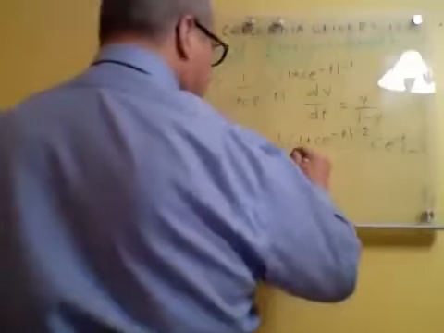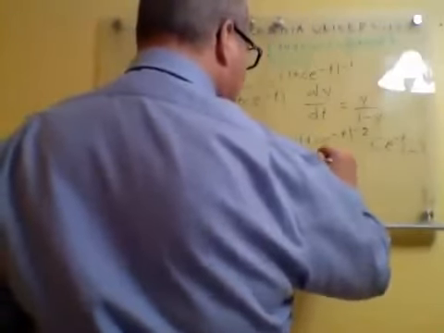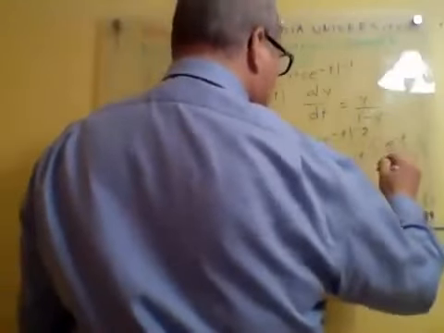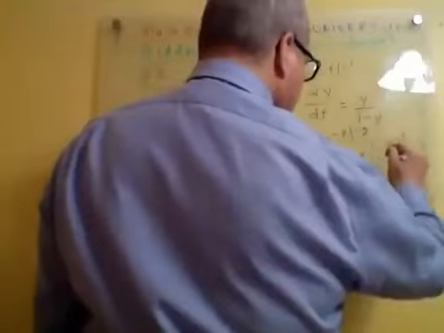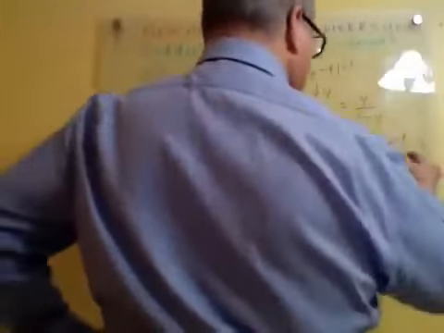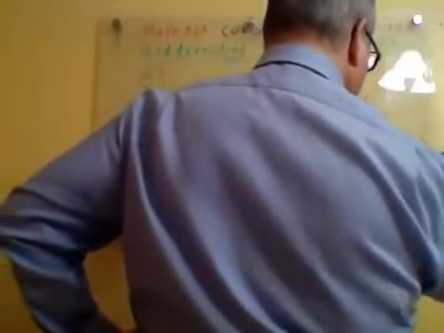So that will give you minus with minus is plus. This should be 1 plus c e to the minus t to the -2 times c e to the minus t.